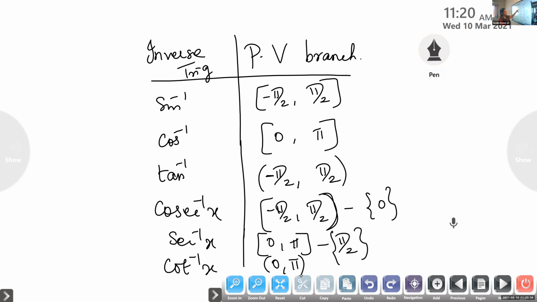For sine, it is minus pi by 2 to plus pi by 2. So the principal value branch of tan inverse is the open interval minus pi by 2 to plus pi by 2. Same way here, cot inverse is from 0 to pi. Cot means cos by sine. What is the principal value branch of cos? It is closed 0 to pi. So for cot inverse, it is open 0 to pi.